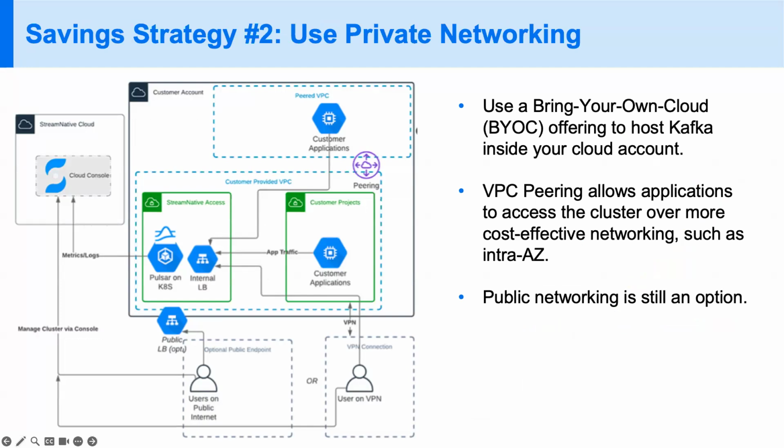This diagram shows, for example, Stream Data's own Bring Your Own Cloud offering, which we'll talk about a little bit, in which you host your Kafka cluster and you host our Ursa engine within your environment, allowing you to then access it directly through internal load balancers, through VPC peering, within the same region or within the same AZ, and have much lower egress networking costs, and sometimes even free, within the same infrastructure. So this is the most bang for your buck you get from this type of deployment model.